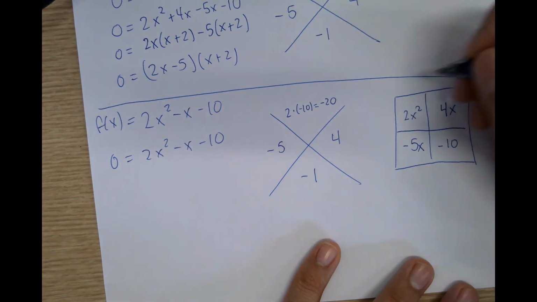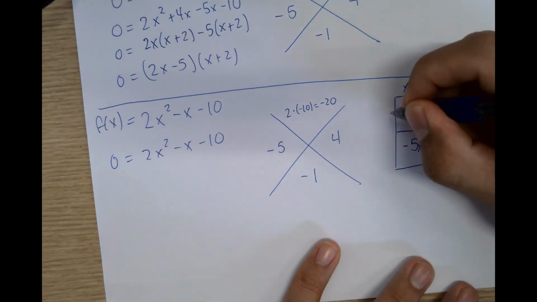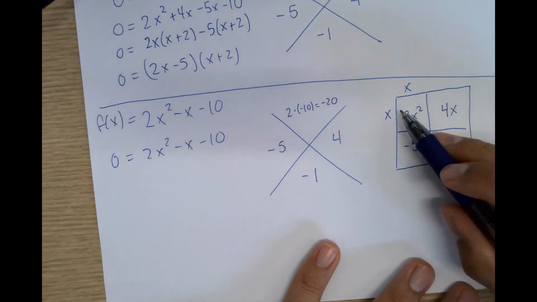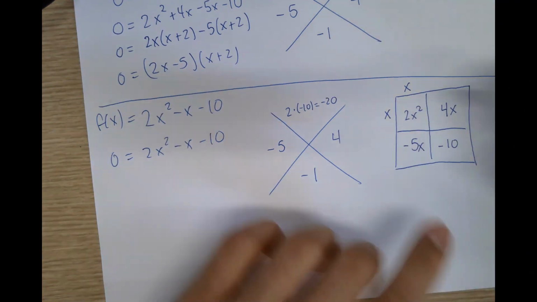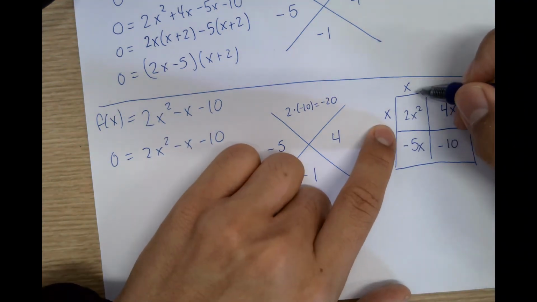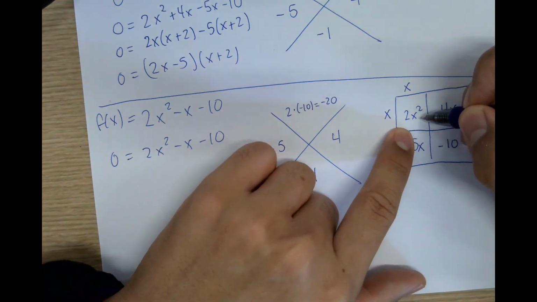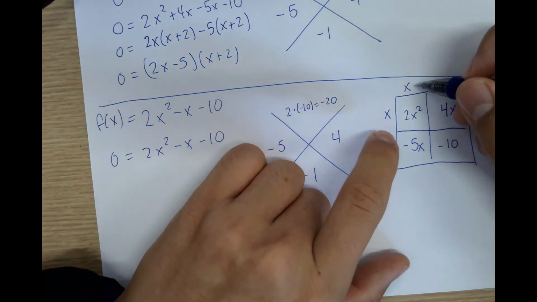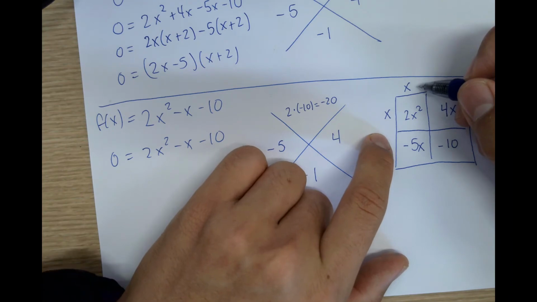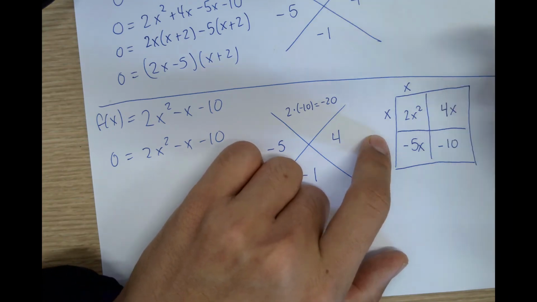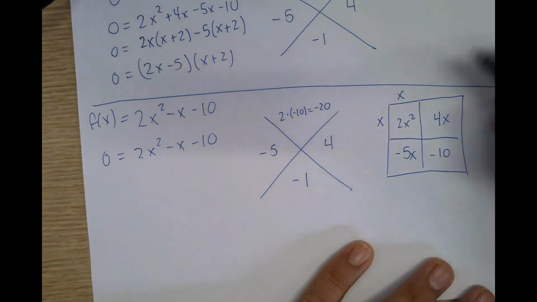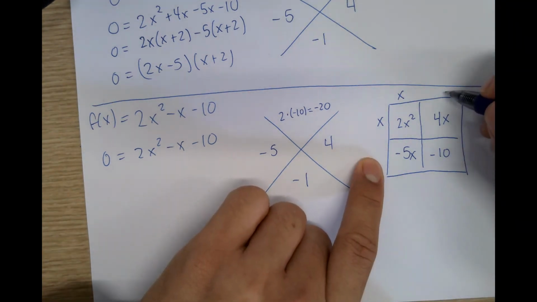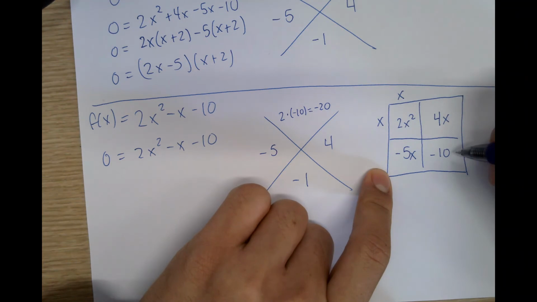So we know that this is going to be an x. We know that this is going to be x. We know that one of these is going to be 2x because when you multiply them, it needs to equal 2x squared, right? So one of these will need to be 2x, but we actually figure that out last. The numbers we're going to put on the sides are going to be what times what equals negative 10.